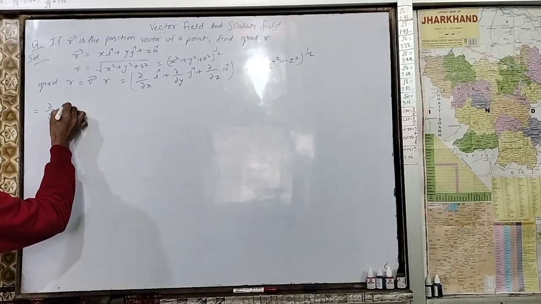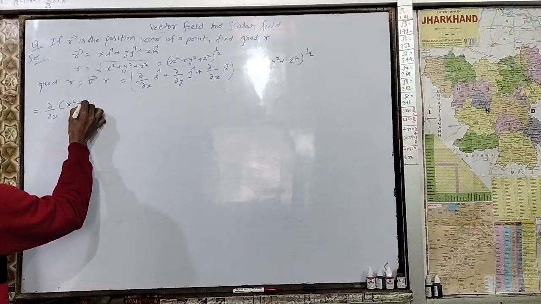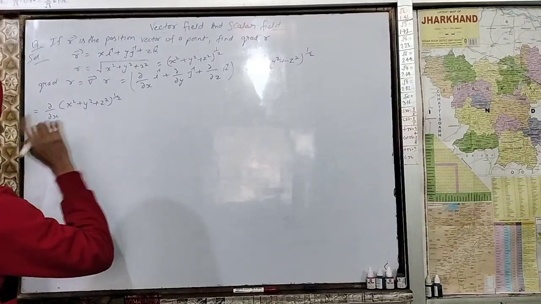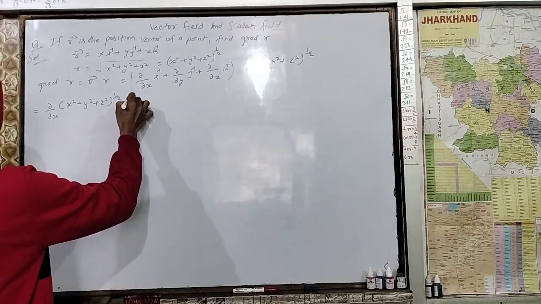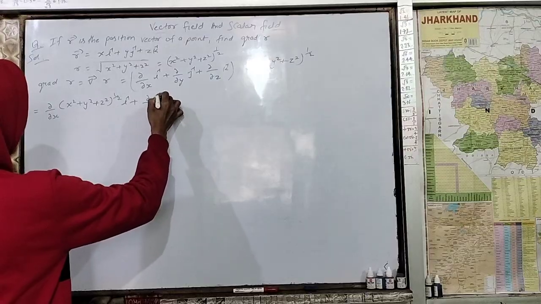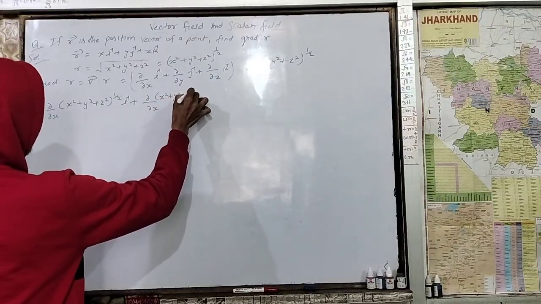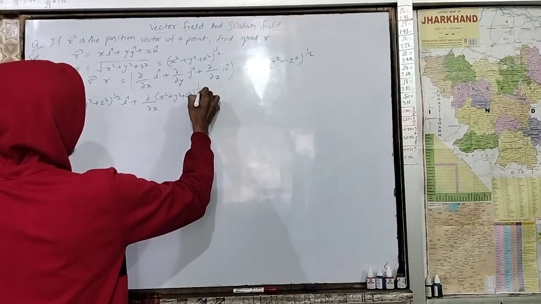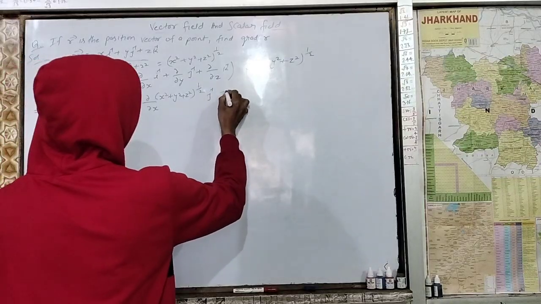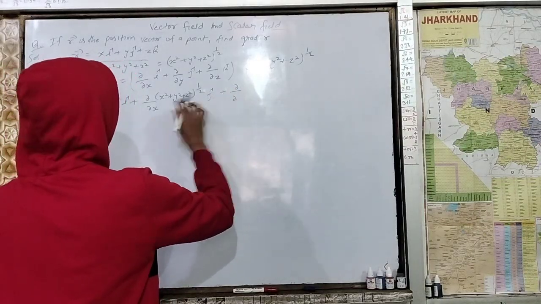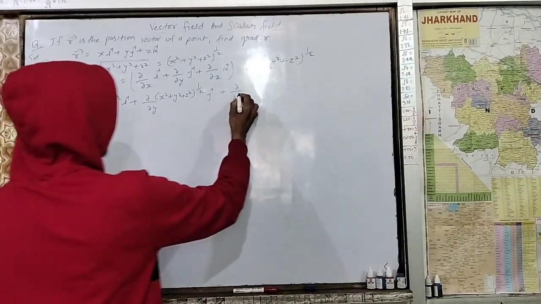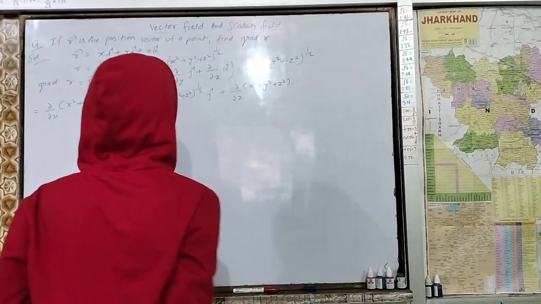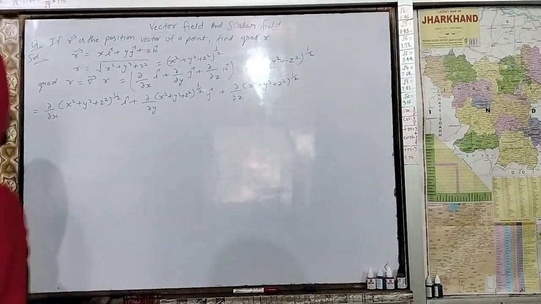So d upon dx of (x square plus y square plus z square) raised to power 1 upon 2 along i cap, plus d upon dy of (x square plus y square plus z square) raised to power 1 upon 2 along j cap, plus d upon dz of (x square plus y square plus z square) raised to power 1 upon 2 along k cap.